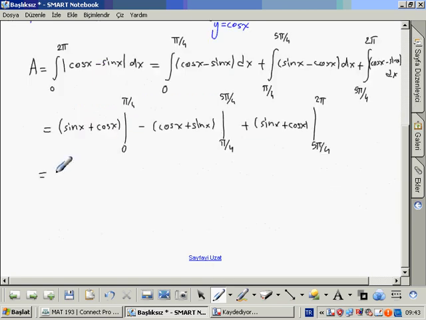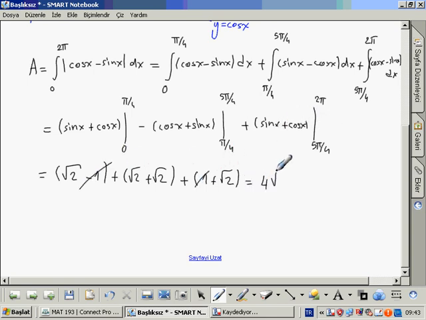That gives square root of 2 minus 1, plus square root of 2 plus square root of 2, plus 1 plus square root of 2. This part will be cancelled, and we get 4 times square root of 2 square units. That is the total result, okay.